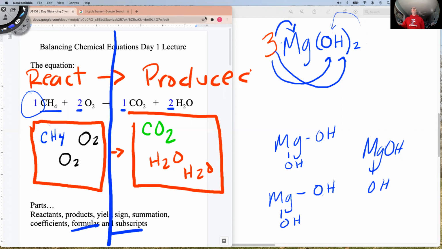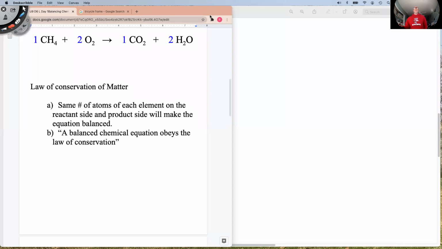So I'm going to move into the law of conservation of matter. So we have the same balanced chemical equation. What the law of conservation of matter says is that however many atoms you start with, which would be on the reactant side, you will have the exact same number of elements on the product side.